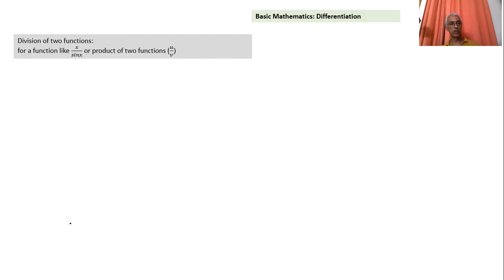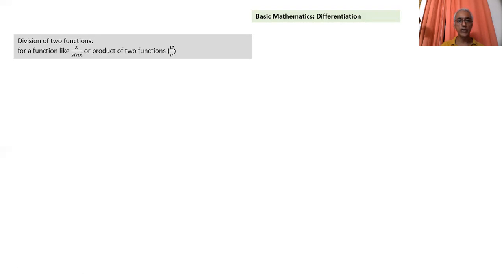Let's move on. Now we'll find the derivative of division of functions. We have done the product of two functions. In case of product, there are two x terms that were getting multiplied. Here, one is in the numerator, one in the denominator. Here also, the numerator we take as u function, denominator we take as v. So the function is u by v.